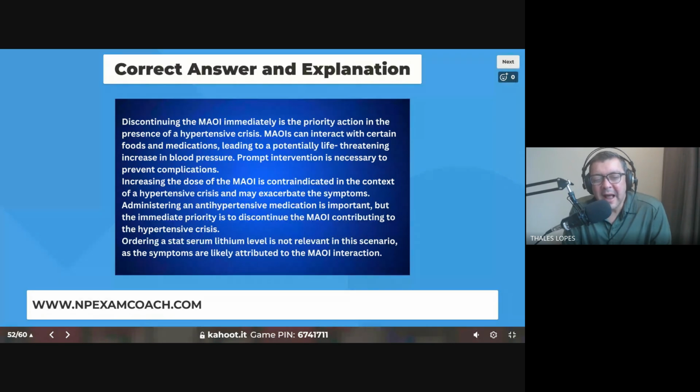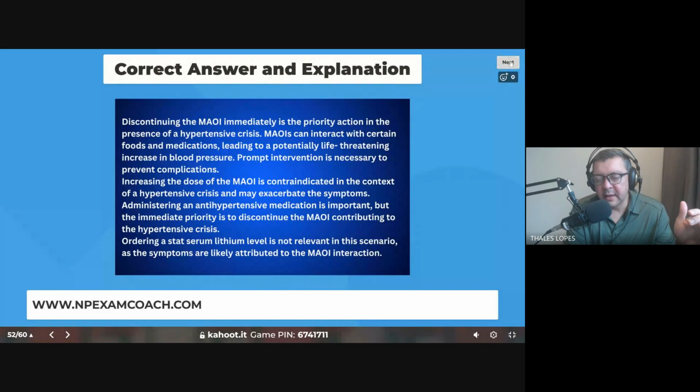Now, administering antihypertensive medication is important and it is a priority, right? But think of it this way, would you do that before you discontinue your MAOIs? No, right? You discontinue the problem before you address it with a solution. The immediate priority is to discontinue the MAOI due to the hypertensive crisis, right?